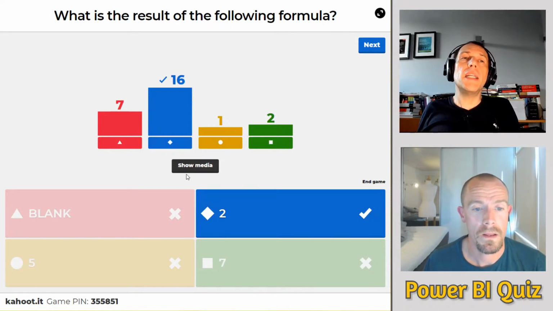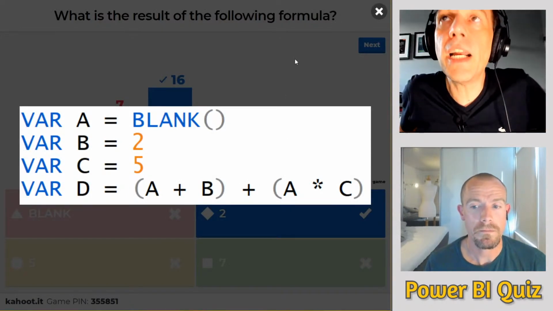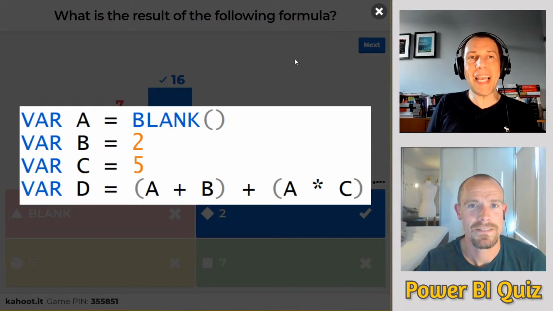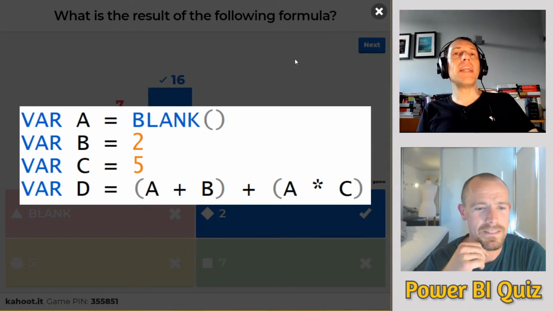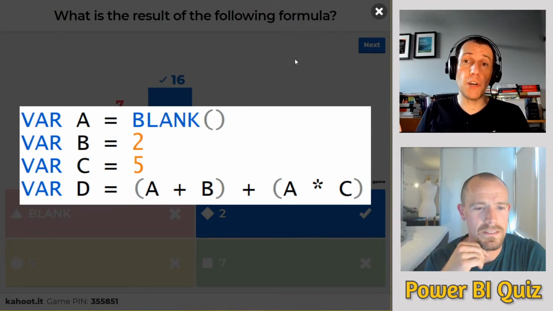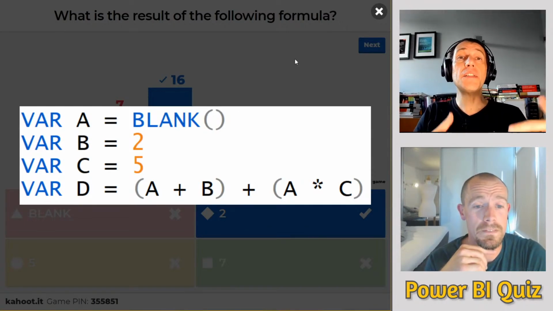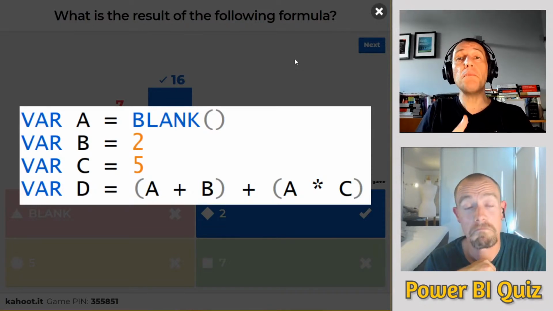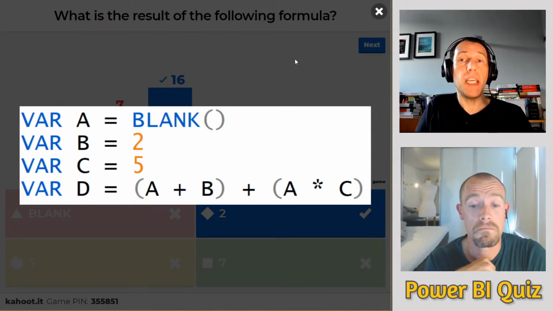Okay, so in this case, we had variables, and the tricky part of this question is that the blank doesn't propagate through an evaluation in the same way, and it has different behavior actually. Blank is considered 0 in a sum operation, but it is considered blank and it propagates as a blank in a multiplication.